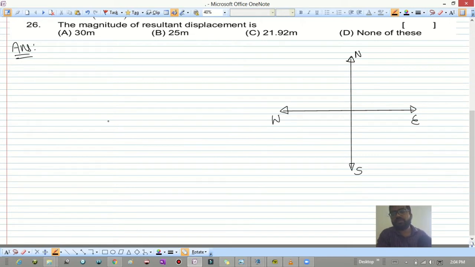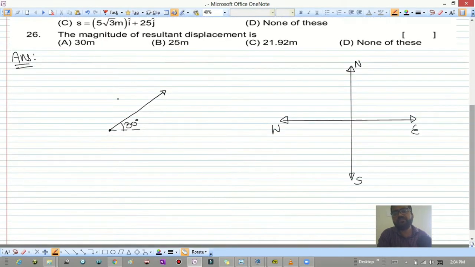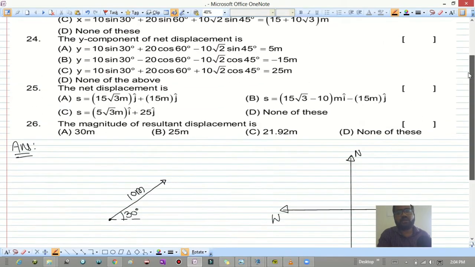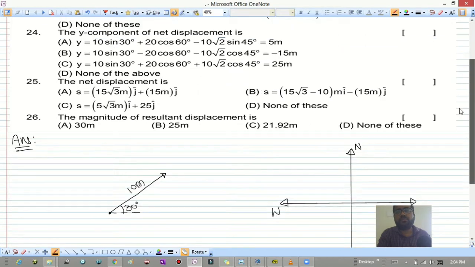Okay now, so a man starts from somewhere here, right? So 30 degree north of east indicates from east towards north 30 degree. Okay, so this is 30 degree given, right? And it is given 10 meter. Okay, after that then 10 root 2 in southwest direction.